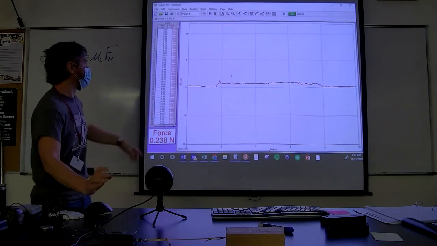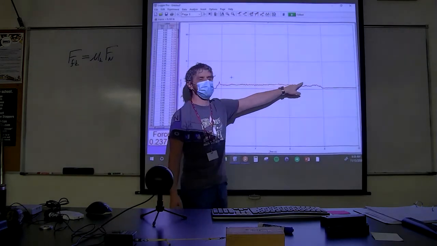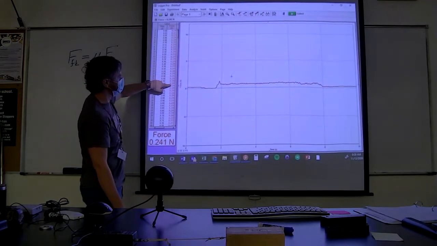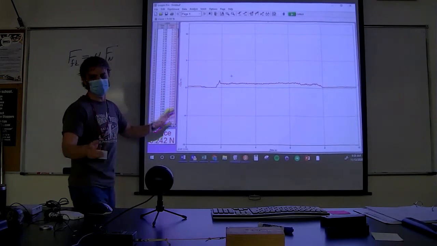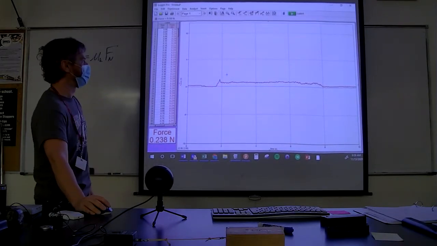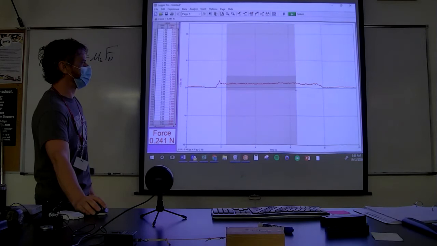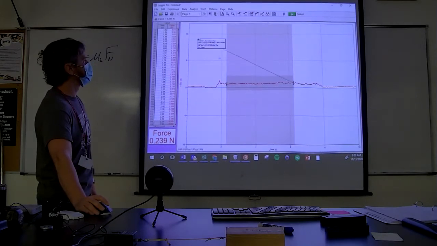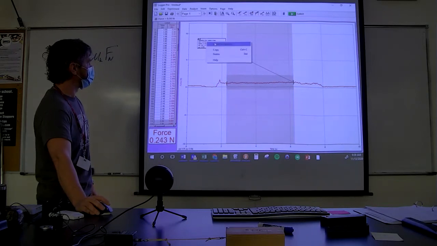Okay, and then so these are all just force data points, right? I'm plotting force versus time. So each one of these little things is a force at a specific time. A lot of data points. And I can just do a quick statistical analysis. I think I messed up right about here. So I just do statistics, and this thing comes up.